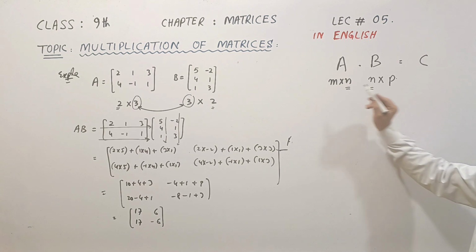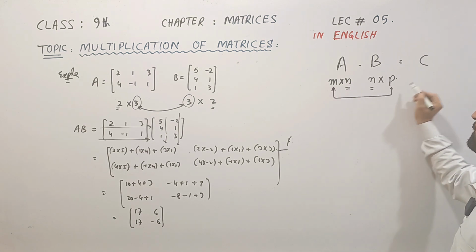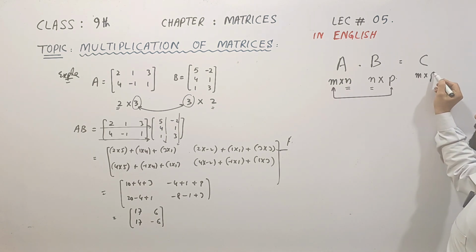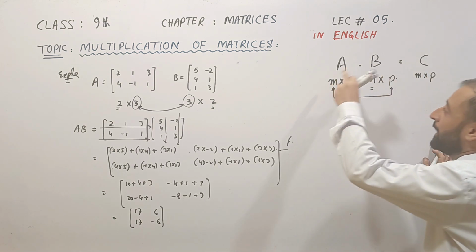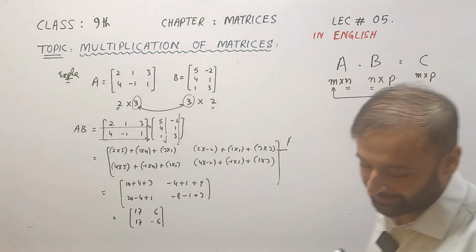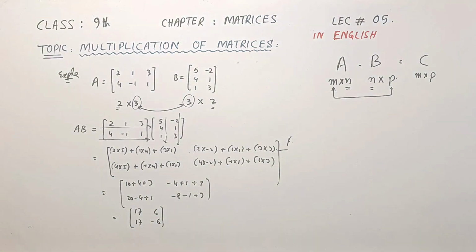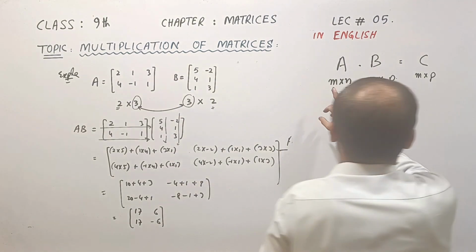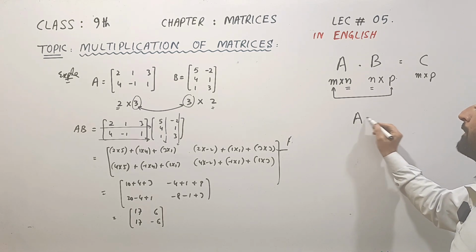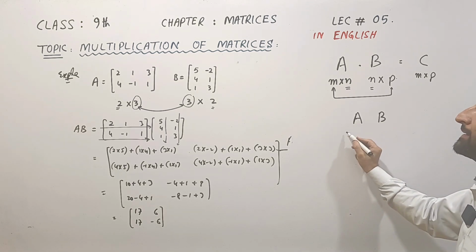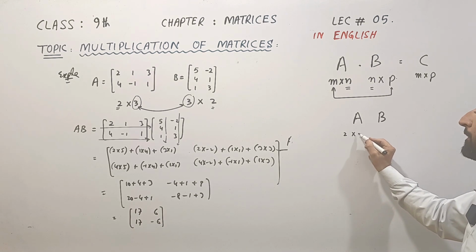This matrix C will have the size M cross P, meaning C will have M number of rows and P number of columns. Let me check whether it is within the range of the camera. Yes, it is. M by P. For example, in that particular case, matrix A has the size 2 by 3.